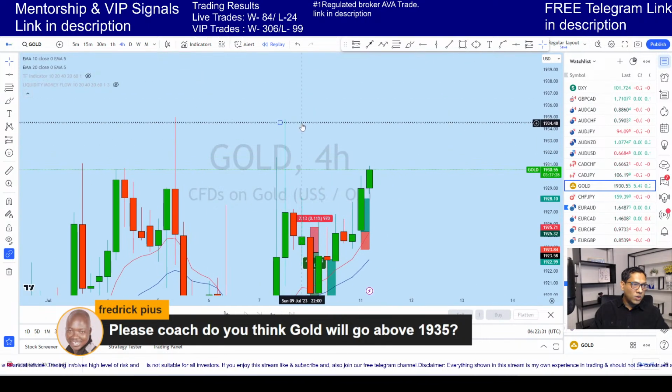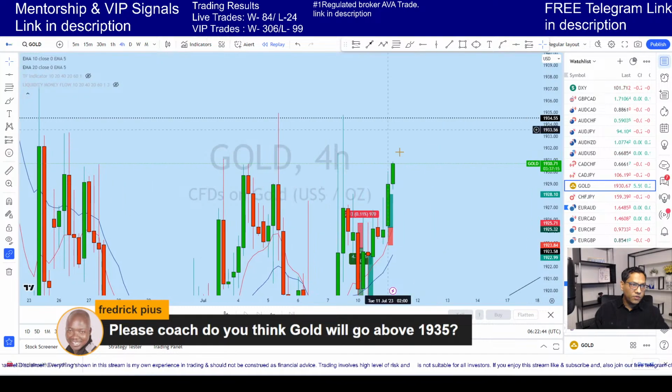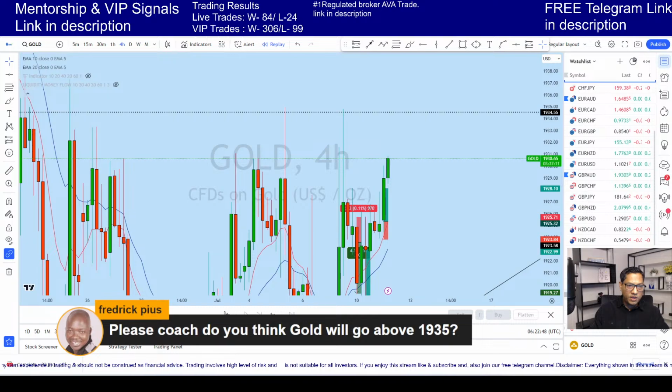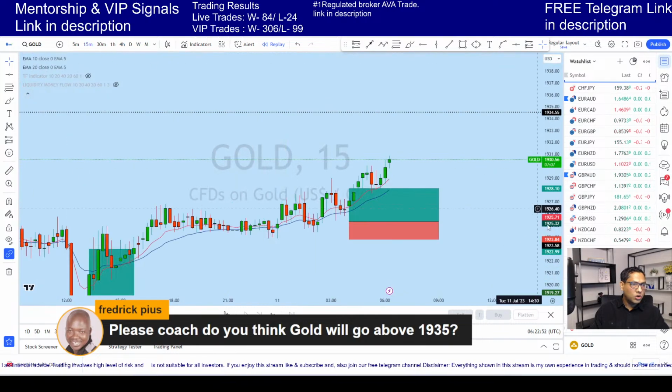So once it reaches the 1934-35 level, we'll see how the price is reacting to the level. If we see that long wick candle rejection from the top, maybe we can look for selling again. For the time being, we see that there is potential for upside from a short-term perspective.